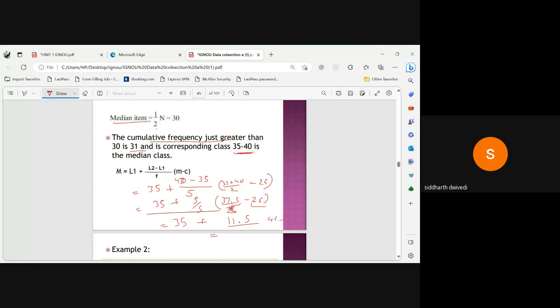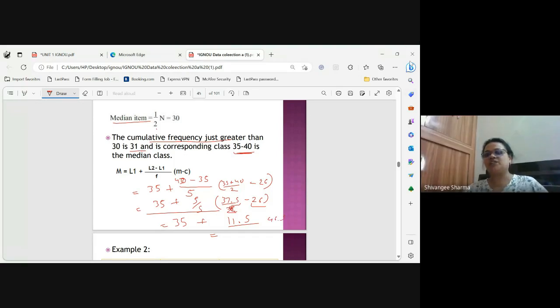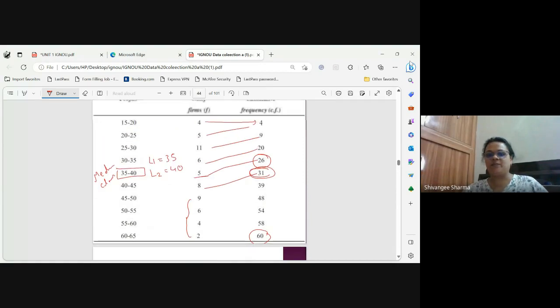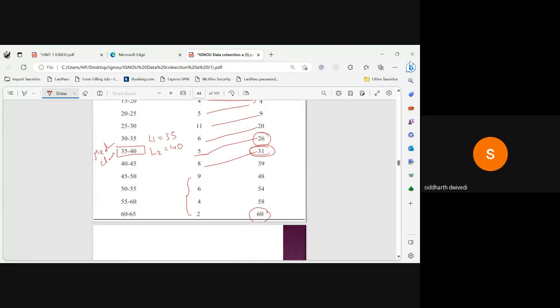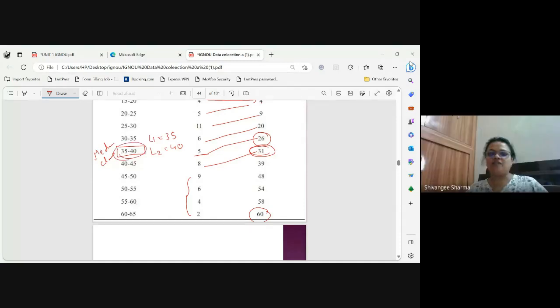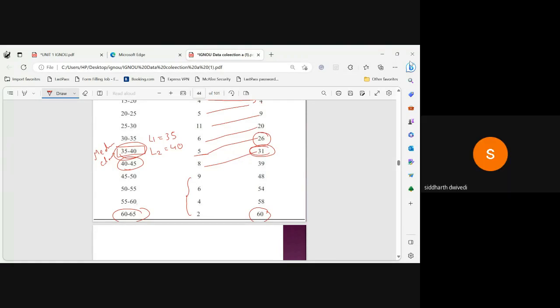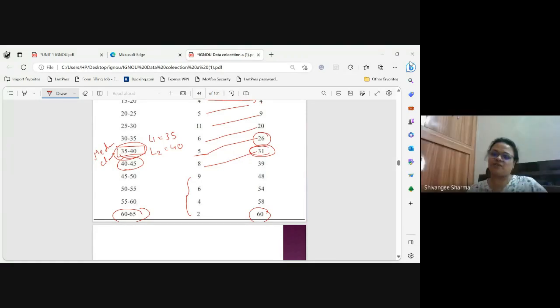And I got the intuition that 64 is basically incorrect, because if you see in class intervals, the median class was 35 to 40, so the median will lie somewhere here or somewhere in 40 to 45. It cannot lie at 60 to 64, because it is a positional average. That's why it was a calculation mistake. Okay, no issues.